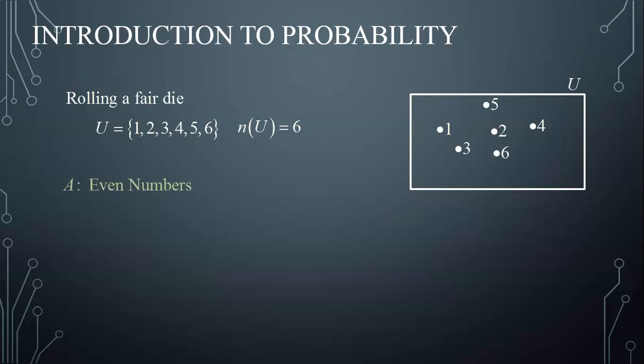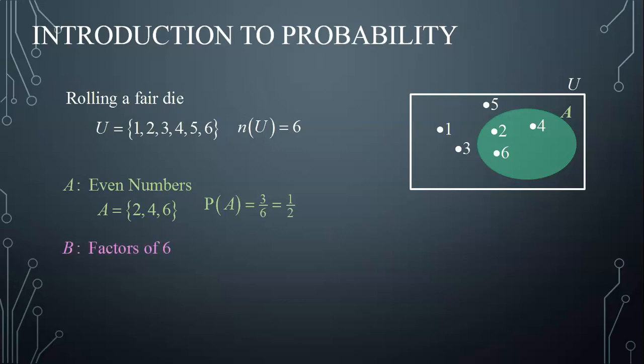Now, considering the event A, which is obtaining an even number, event A would include the possible outcomes 2, 4, and 6. And the probability of A would then be 3 out of 6, which is equivalent to half, as event A includes 3 elements out of the total 6 outcomes.